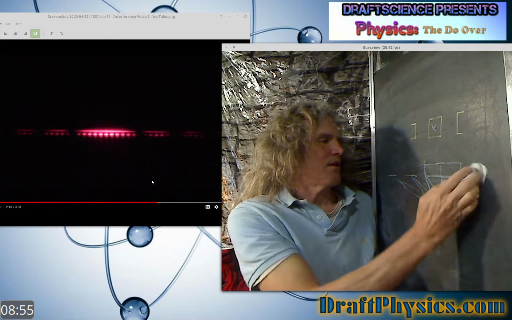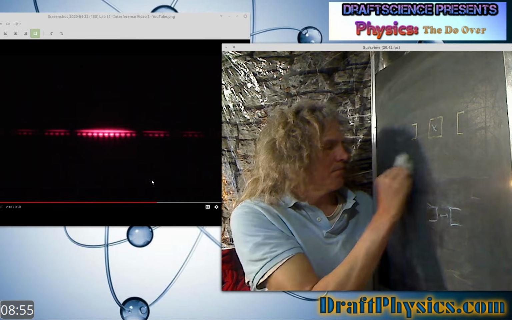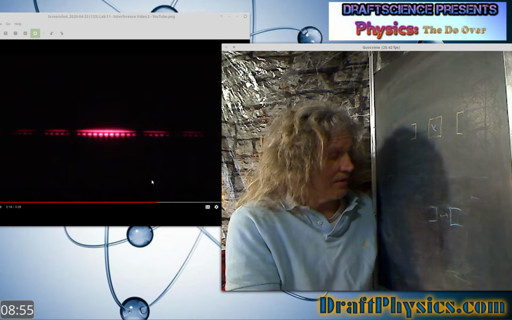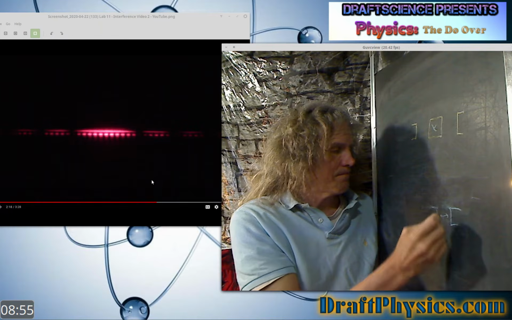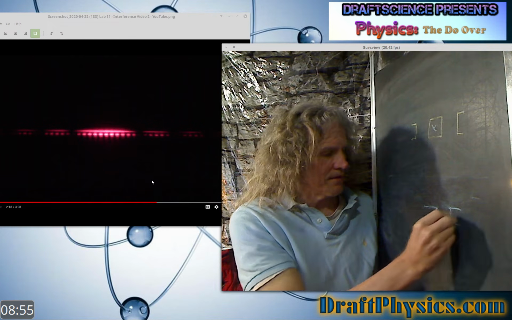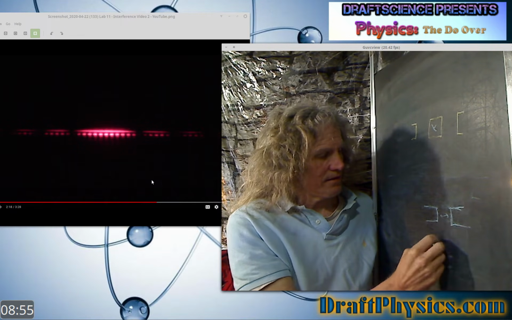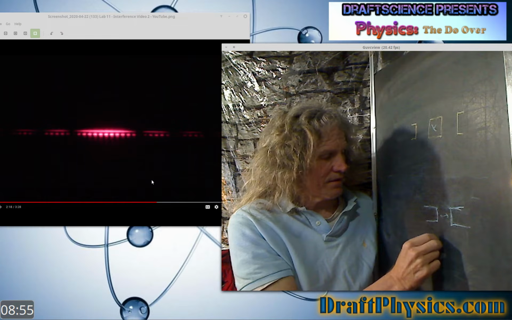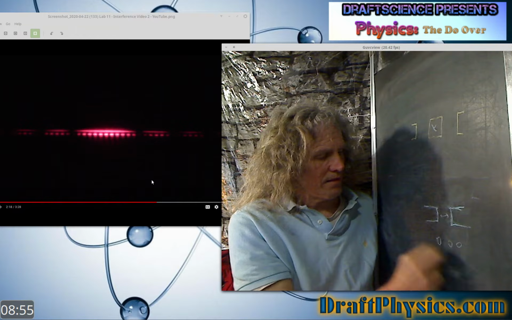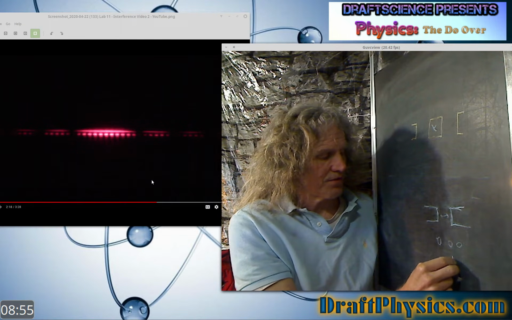So I've already started pretty much illustrating how this really functions. So the idea would be that the narrower you make the slits and the wider you make the slits changes the pattern, in the sense that the narrower it is, the fewer little clumps you get, and the wider it is, the more you get, but they're closer together.